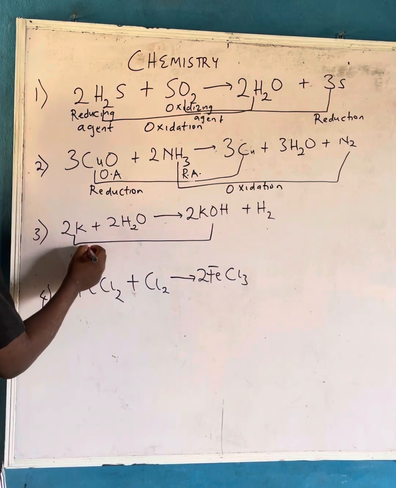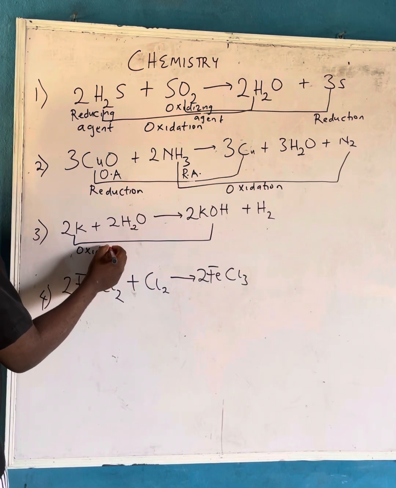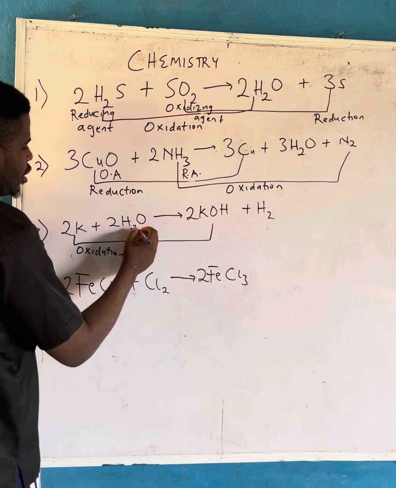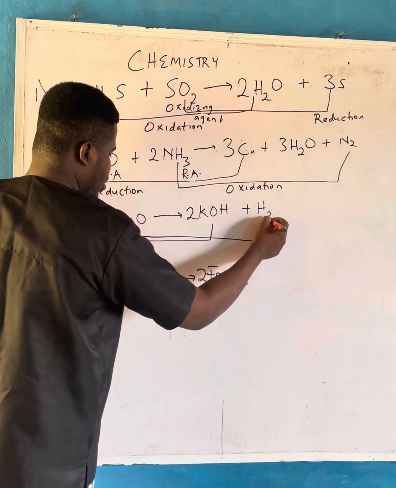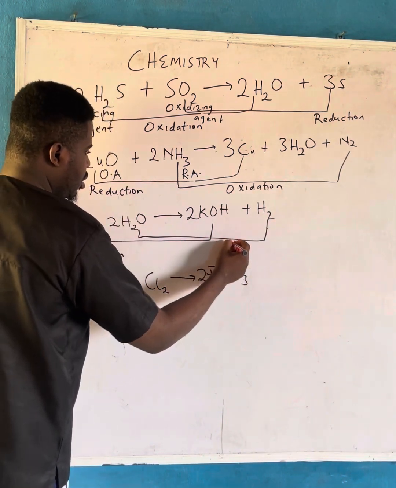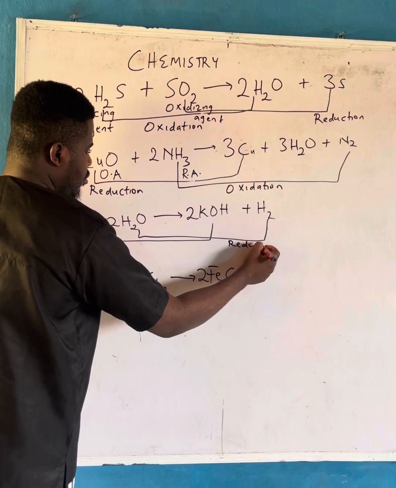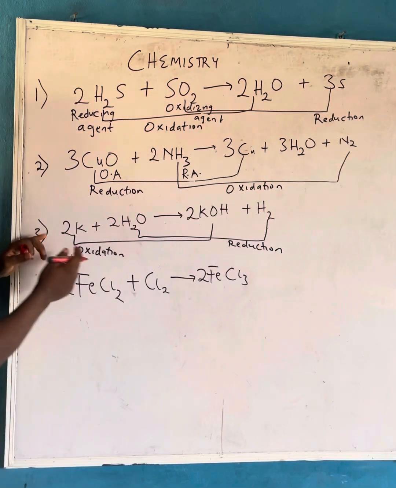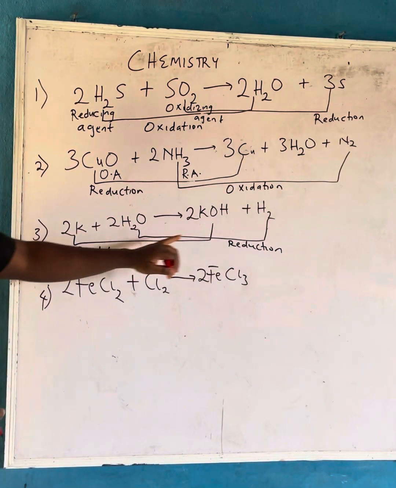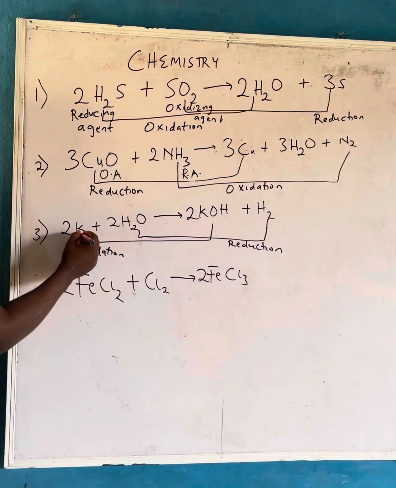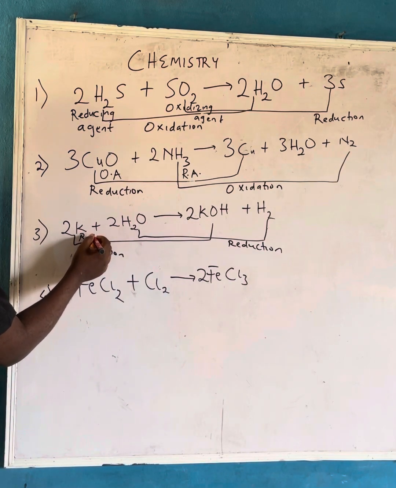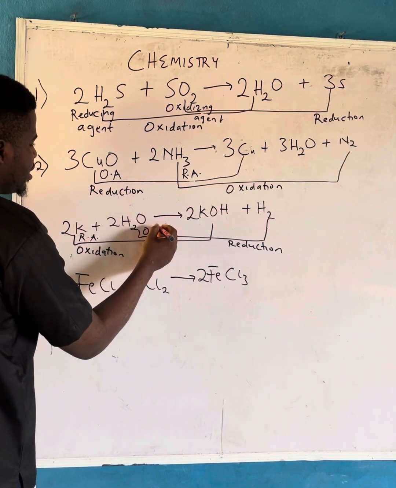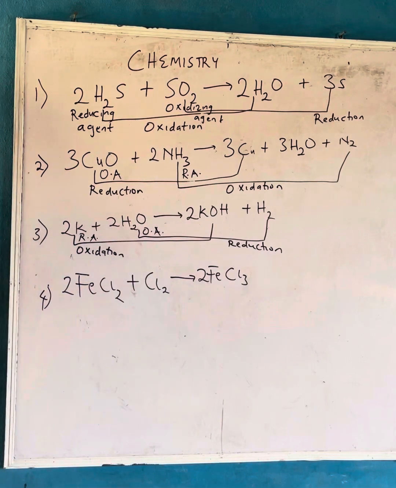Oxidation is occurring here, and then this is reduction. So this will be our reducing agent, and this will be our oxidizing agent. So don't forget that the oxidizing agent will undergo reduction, while reducing agents will undergo oxidation.